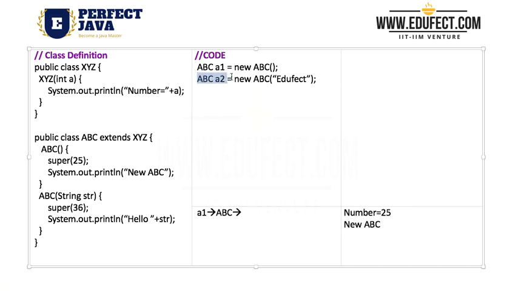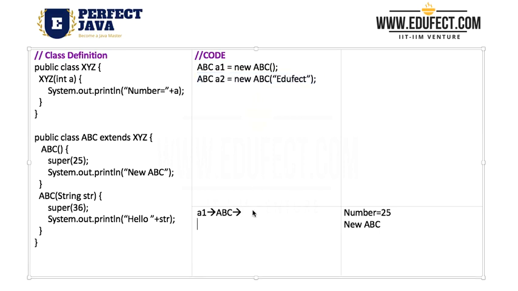Let's look at what will happen when we execute this line. So A2 is an object of type ABC, and let's call its constructor with the parameter Edufect. So in the first line we have this called super. So because we have this called super, this constructor with one parameter will get called of the parent of ABC, which is XYZ.